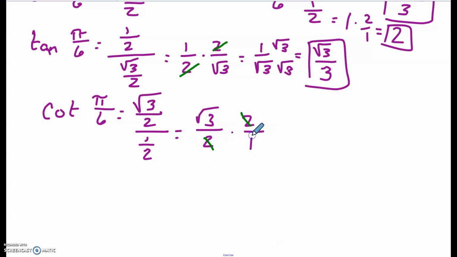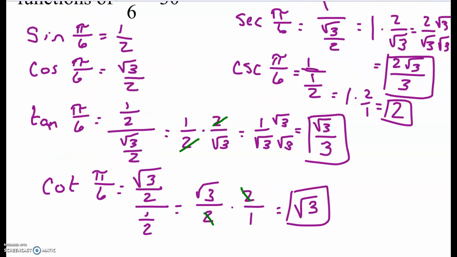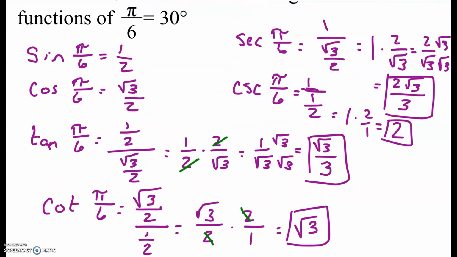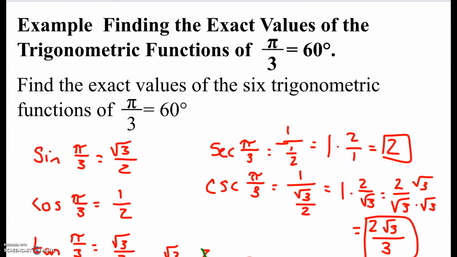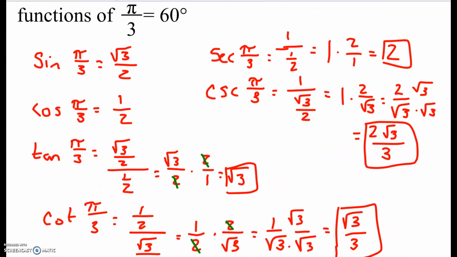Common factor of 2 cancels, and we end up with the square root of 3. Notice the similarities between these values and the previous values that we found. They're all interchanged.